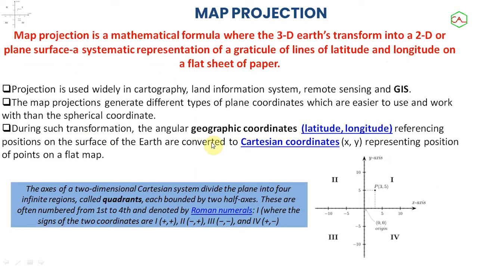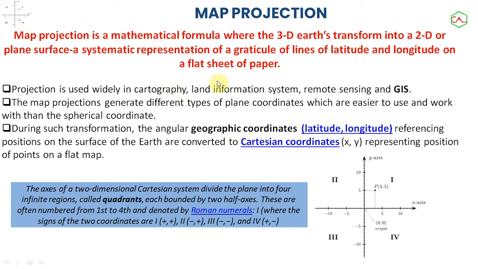Then looking at map projection, what is the essence of map projection? Having understood that the Earth is spherical, most of the time we want to project it from a 3D dimension into a 2D dimension. Map projection is basically mathematical formulas we use to transform the 3D Earth into a 2D or planar surface.